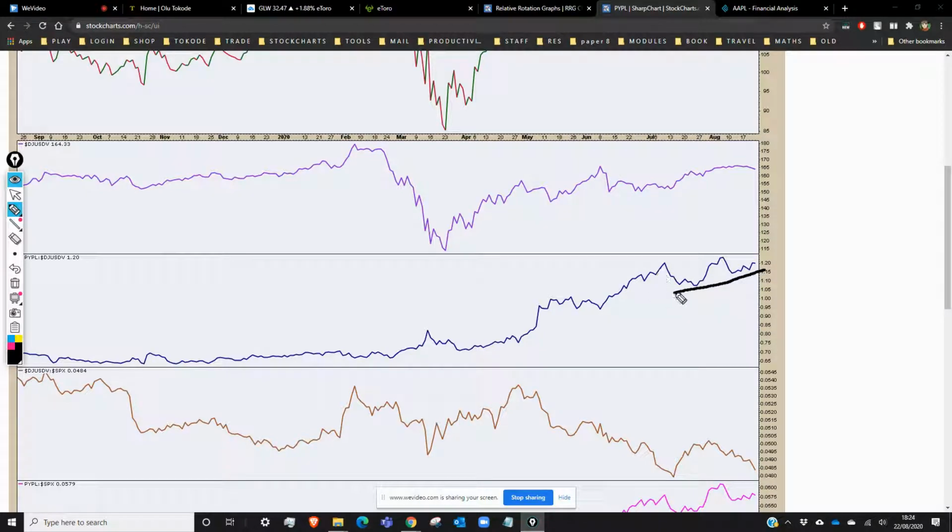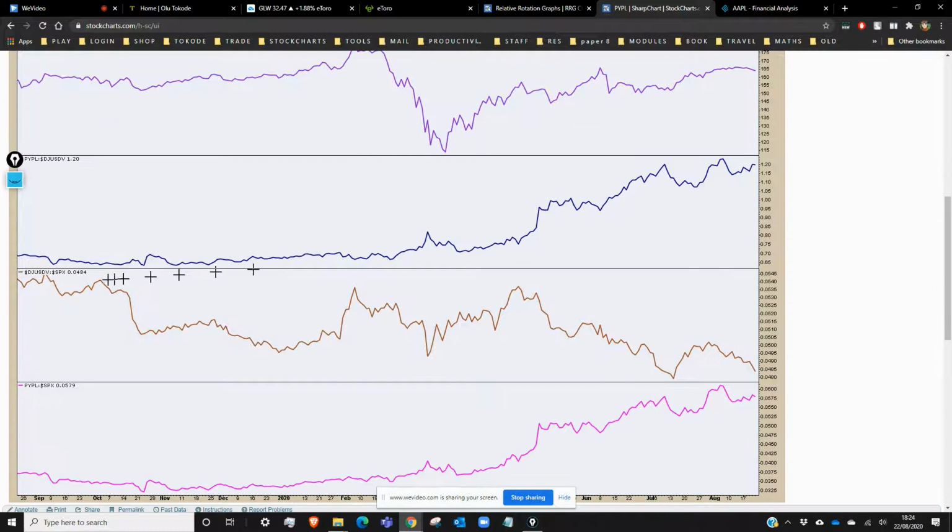So it's not very good, but it looks like an uptrend. Now, how is that industry performing relative to the S&P? It's terrible. How is PayPal performing to the S&P? It's outperforming, but not in a fantastic way.